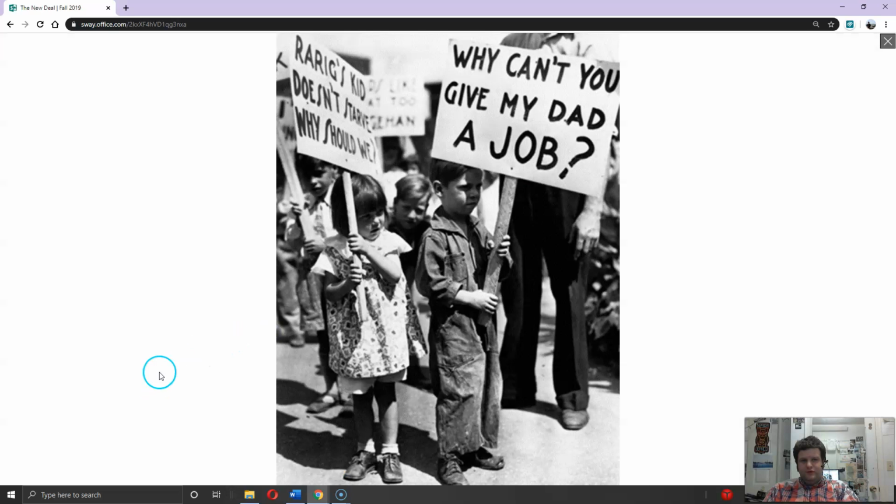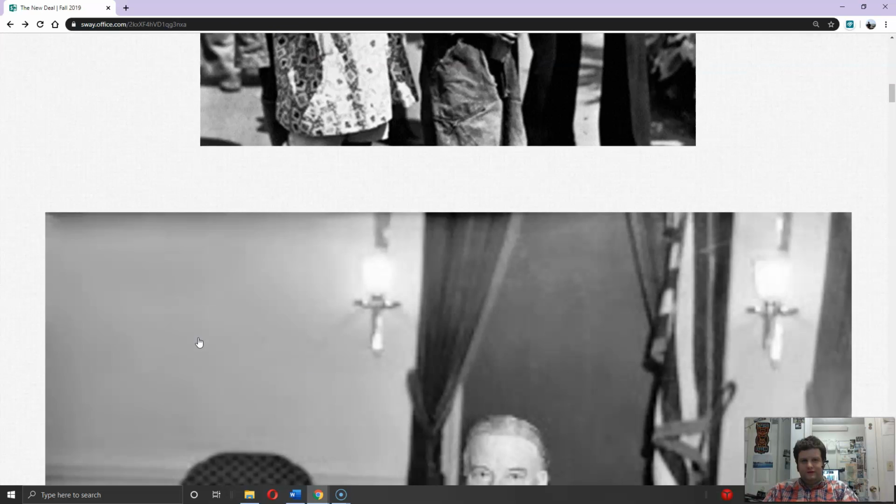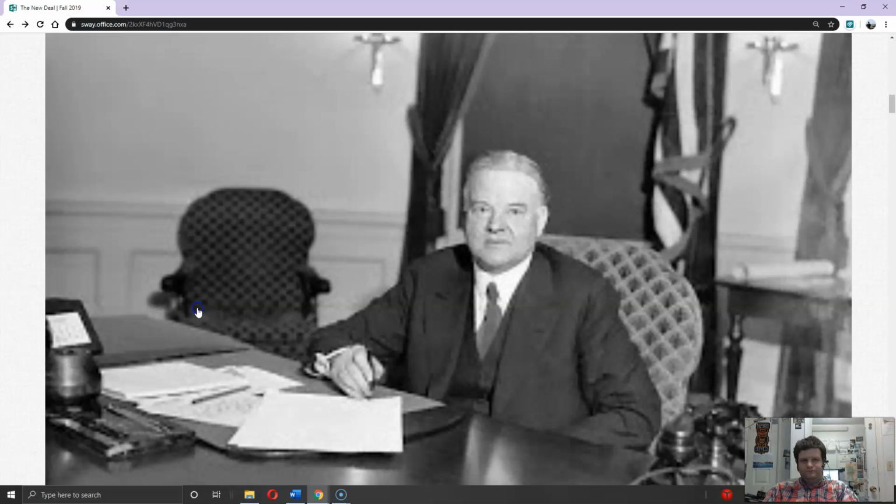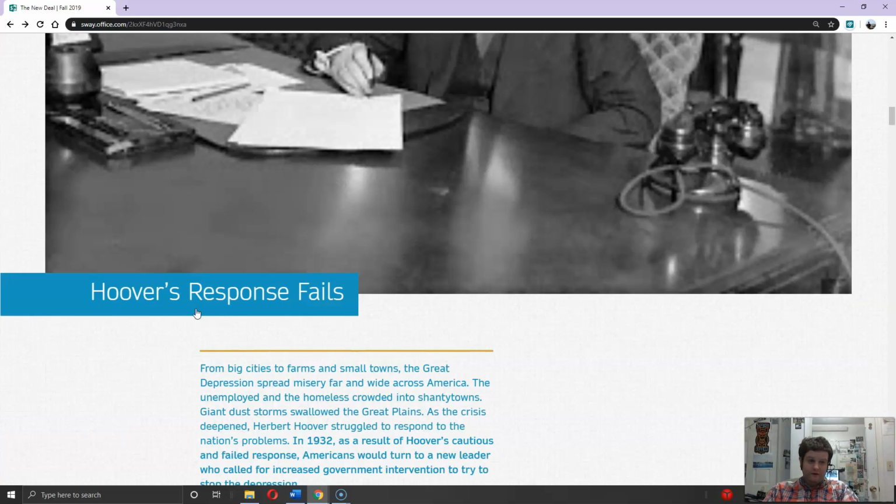Just a spoiler alert, not everyone is too happy with how the government is handling things at the start of the Great Depression. Here's a picture of Herbert Hoover. He is the Republican president that is in office when the Great Depression kicks in.